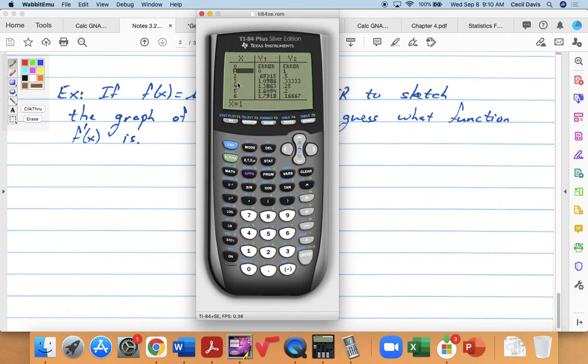And when x is 3, the derivative is 0.333, which is, please, 1/3. And when x is 4, the derivative is 0.25, which is, are we seeing a pattern here? It's a pretty solid pattern.